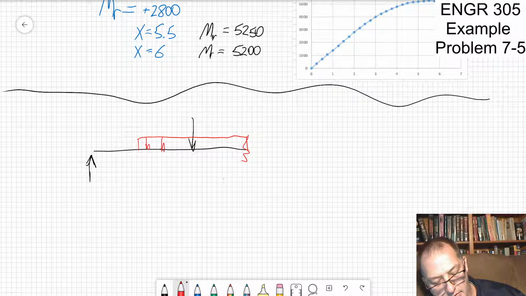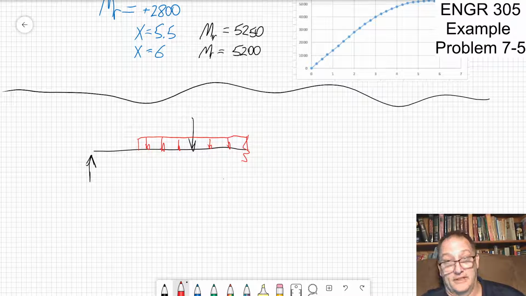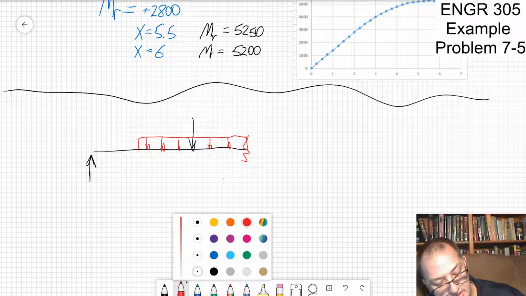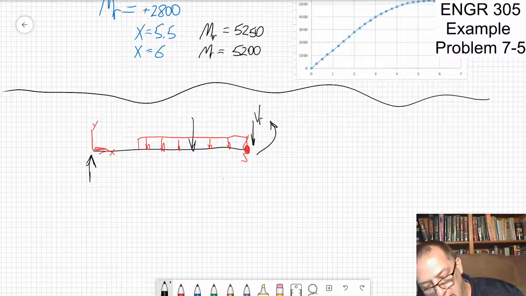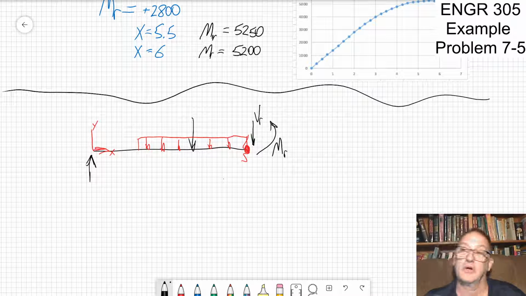We're getting good at this, I hope. Coordinate system here, x, y. I'm summing the moments about this point. I've got to put on my dummy load VR and my dummy load MR in order to keep this thing stable. Now I can run through it.